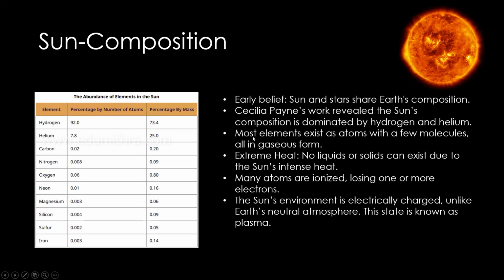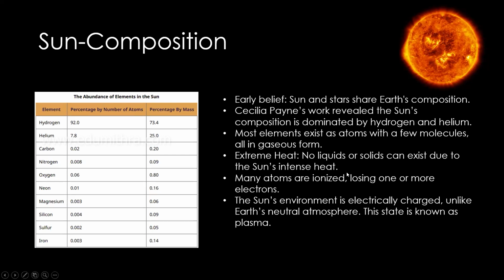So in the case of the sun, most elements exist as atoms with a few molecules, because the sun is so hot, its temperature is so high, that molecules cannot exist there. If you make some molecules there, they will evaporate into their atoms. And one more interesting thing, no solid or liquid can exist in the sun, because at that high temperature, whatever solid you take there will be evaporated or become something like a gas.